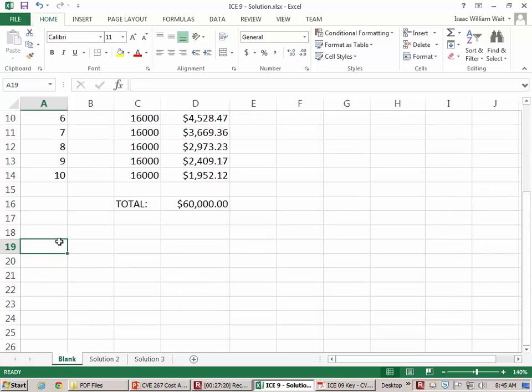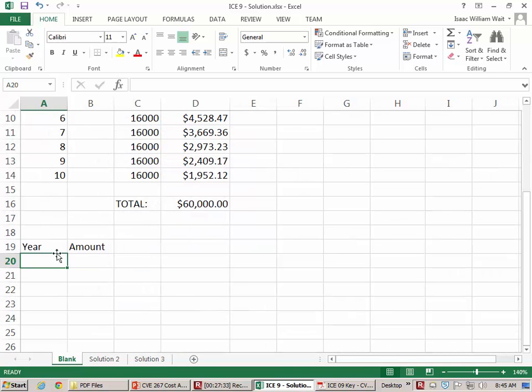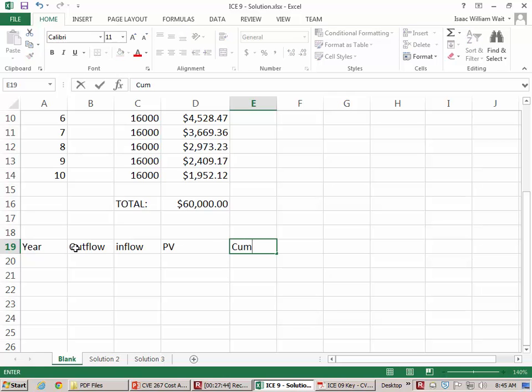Okay, so here I'm going to have the year, and then I'm going to have the amount. What did I call the headers before? Year, outflow, inflow, PV, and cumulative. All right. Here, in this next problem, I know that the interest rate is 0.1.